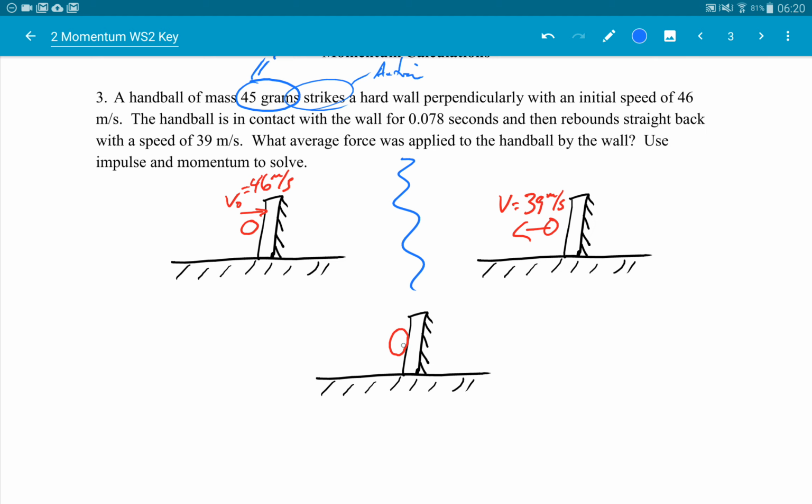The ball is going to be hitting the wall, and the wall is going to feel a force going that way, and that would be like a normal force. And the ball is going to feel a normal force going that way. How do these compare? They are the same. Newton's third law: ball hits wall, wall must hit ball, the exact same amount of force. Okay, cool. So that's happening, and I can go ahead and put the time in there of 0.078 seconds. Great.